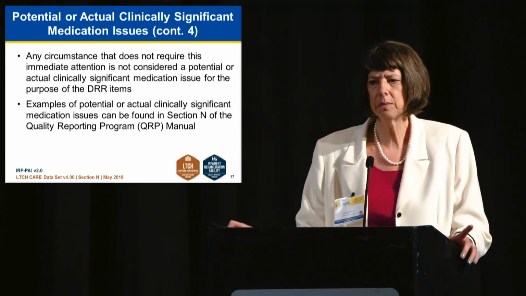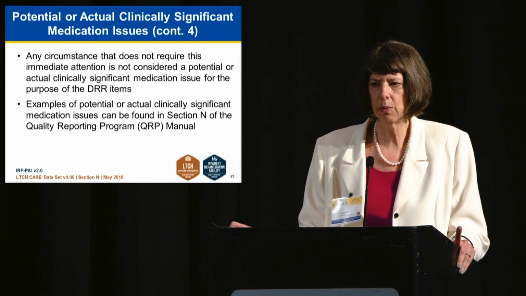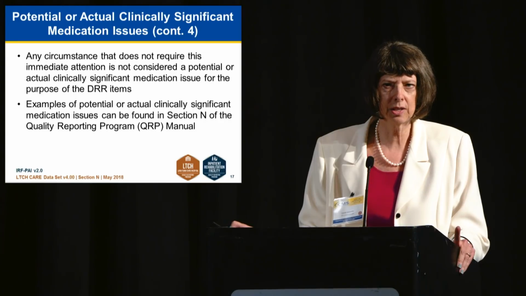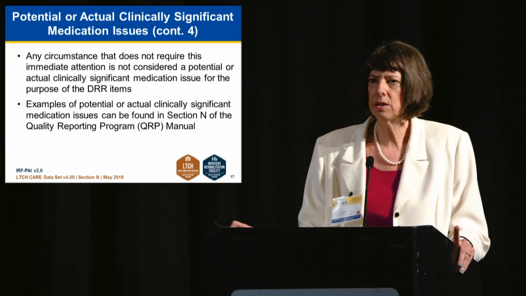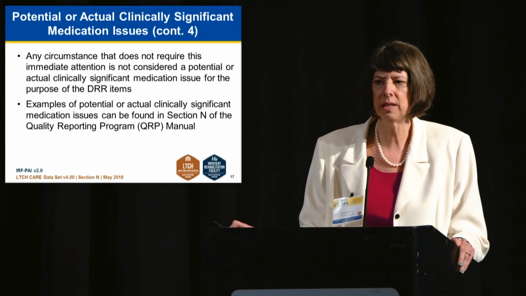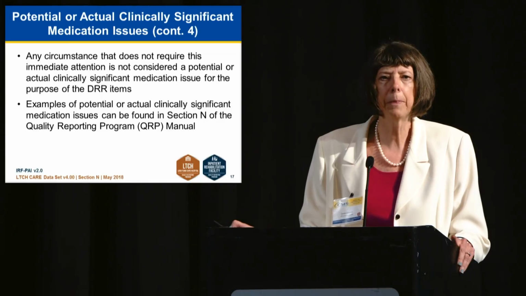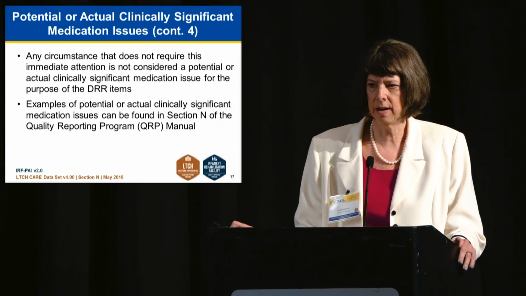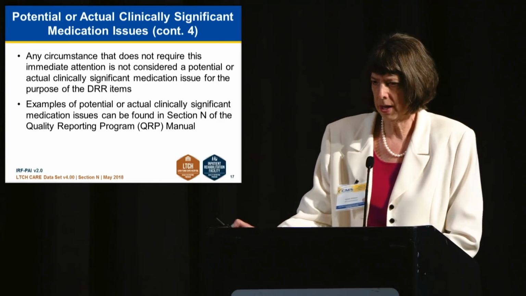So any circumstance that does not require this immediate action, this is important, is not considered a potential or actually clinically significant medication issue for the purpose of this DRR quality measure.